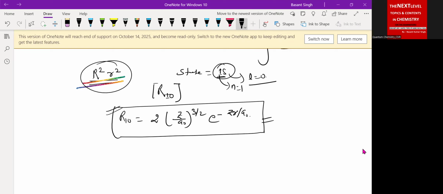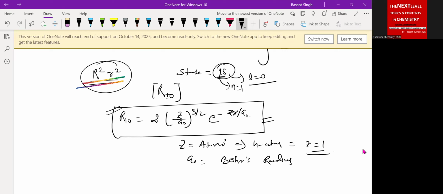So you take this R10, where Z is nothing but the atomic number. For simplicity, I have taken the hydrogen atom and we use Z equal to 1. And a naught is Bohr's radius, equal to 0.529 angstrom.